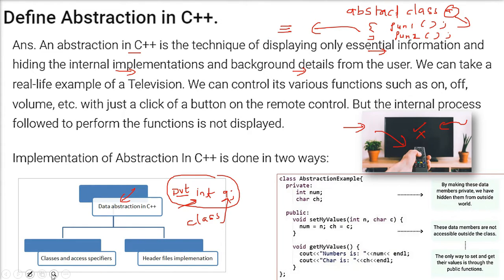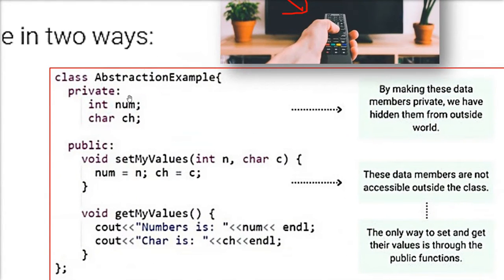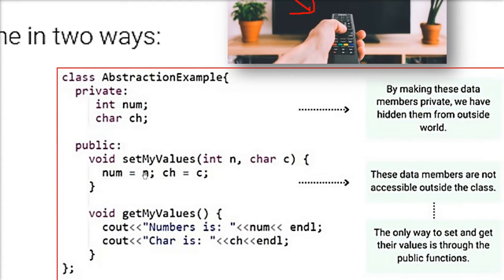Few of these I am giving. Let us take this example. This is an abstraction example. You have made these two variables, one integer and one character, private. So now you have given an abstraction here. Similarly, you can also do it with this function. This function is accessing the private members. These private members are only accessible to this function, not outside.